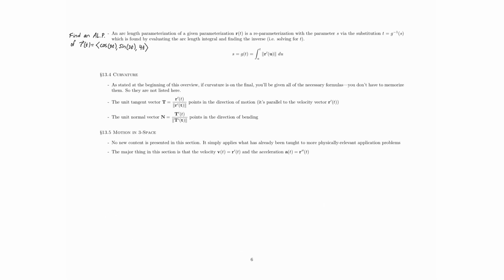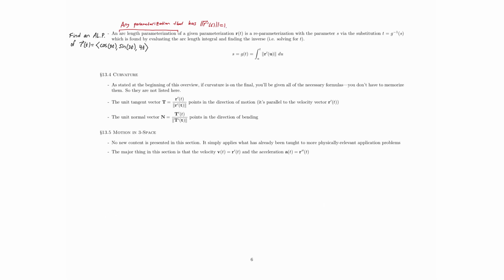Okay, so an arc length parameterization, let's just define this up here, is any parameterization that has constant speed equal to 1.